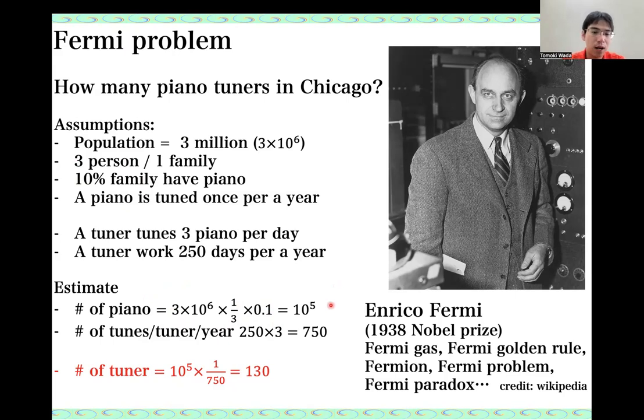Okay, so far we have estimated the number of pianos. Here's another assumption: a piano is tuned once per year. And now the assumptions about the tuners. We don't know detailed numbers, but just assume orders of 1 or 10, not focusing on detailed values.